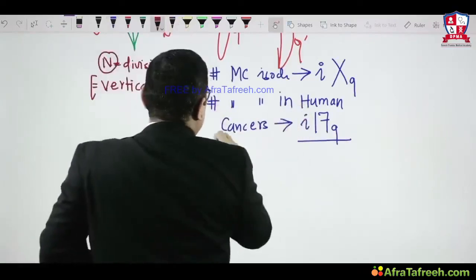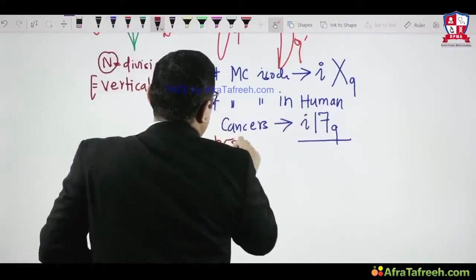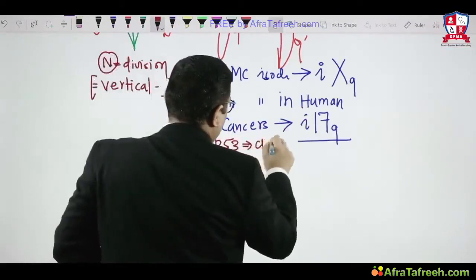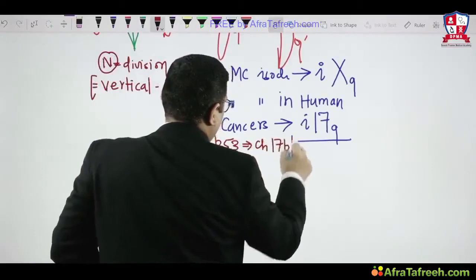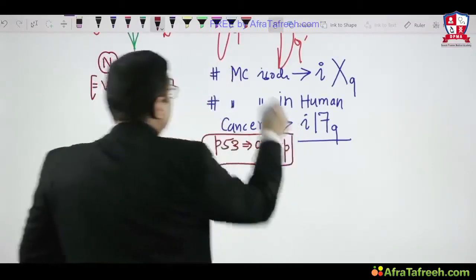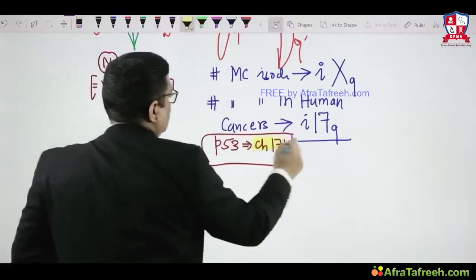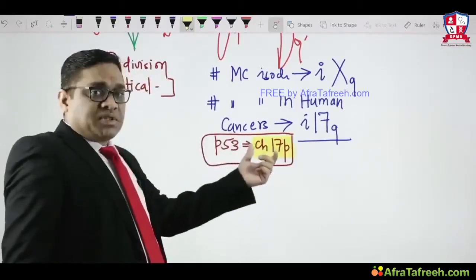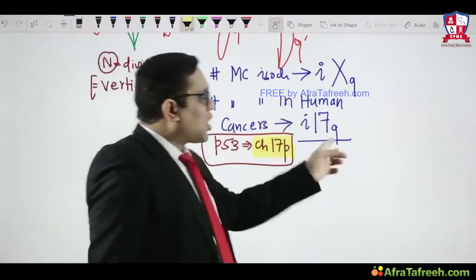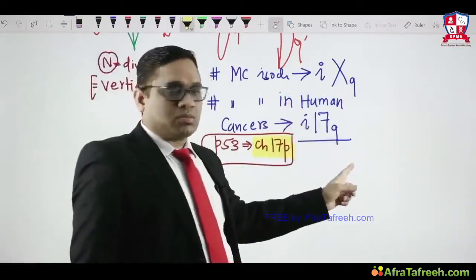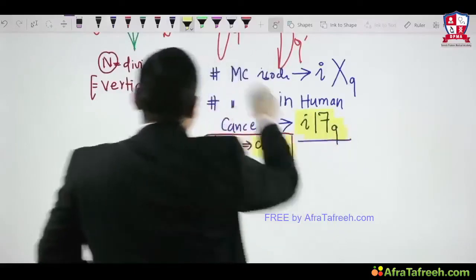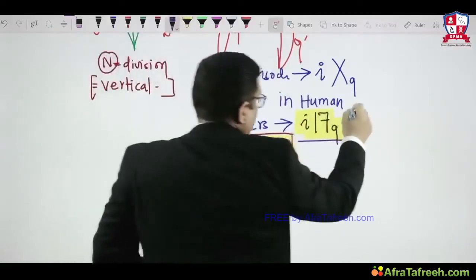Because the most common gene mutation in cancer is p53, and the location of p53 is chromosome number 17, short arm. This is the hint that the short arm holds p53 and the long arm is associated with isochromosome. So 17q is most commonly associated with malignancies.